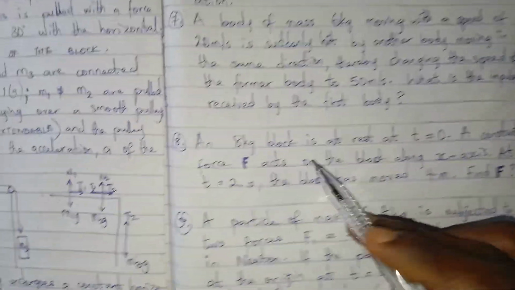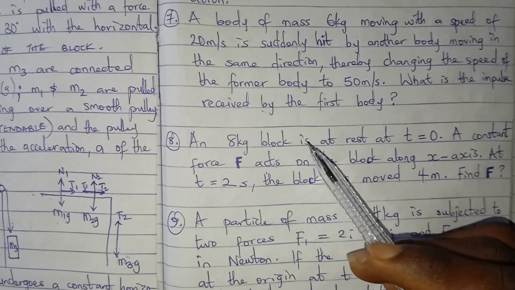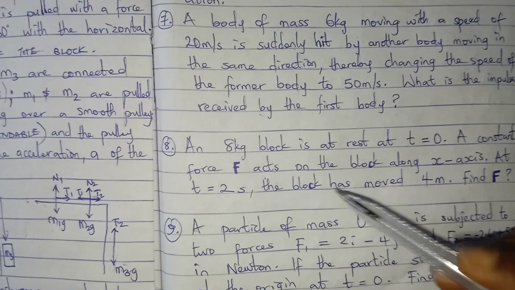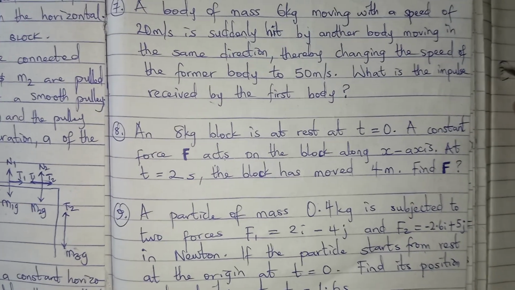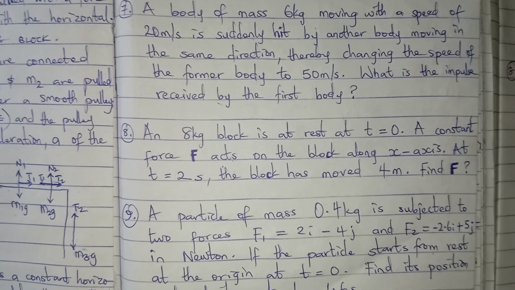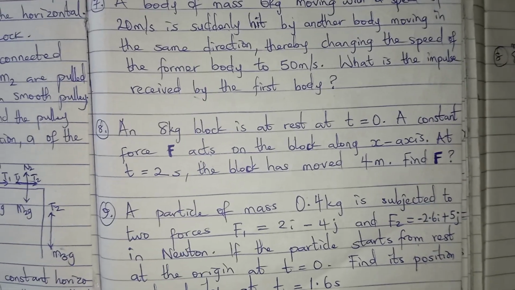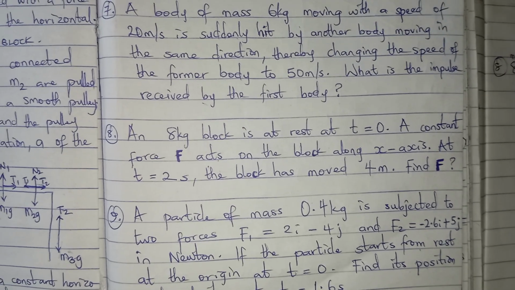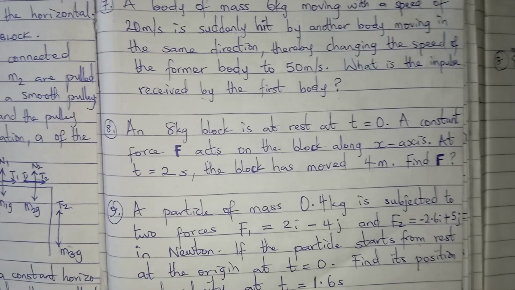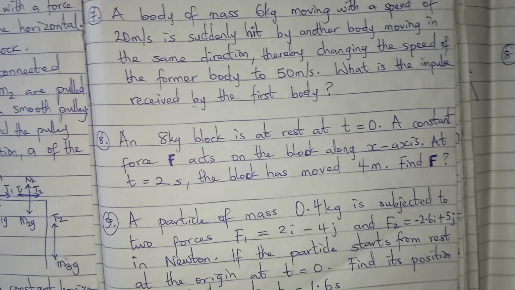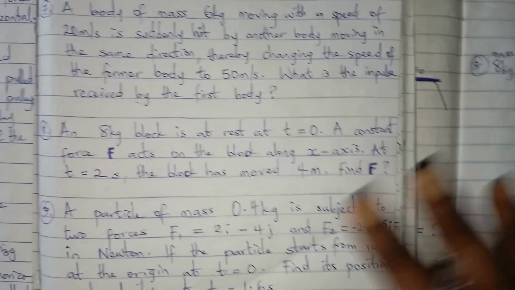Next question says an 8 kg block is at rest. 8 kg mass is at rest. It means initial velocity is 0 at time t equals 0. That is from the beginning.